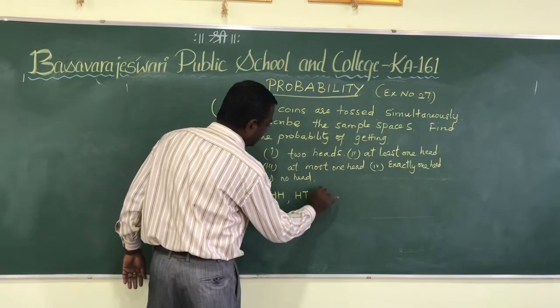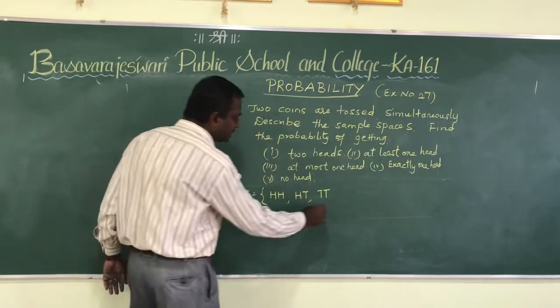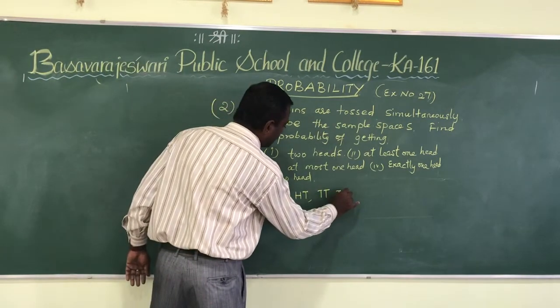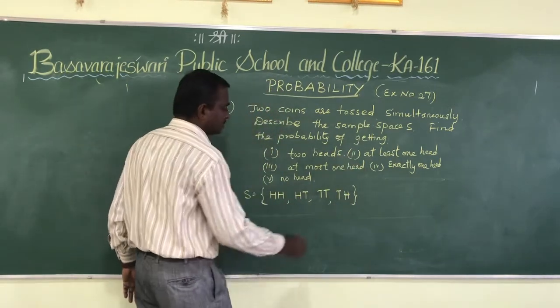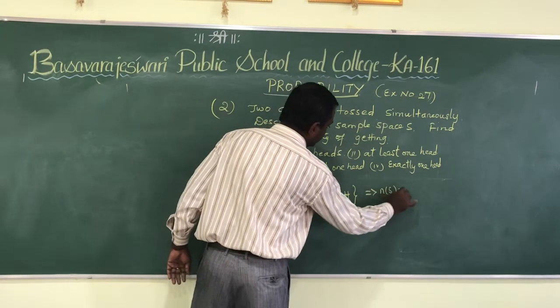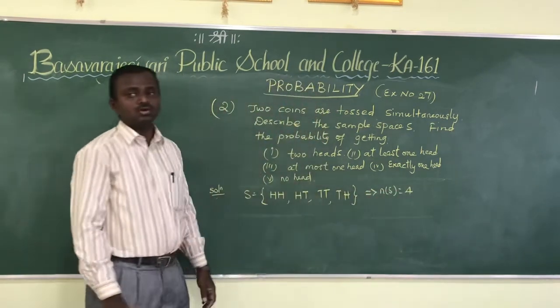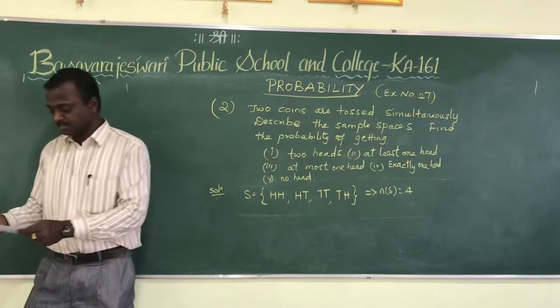Next time you may get two tails, or sometimes you may get one tail, one head. So totally, how many outcomes do you get? This implies n of S is equal to 4 outcomes.